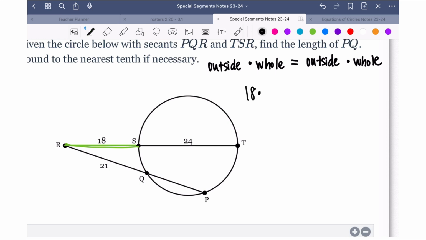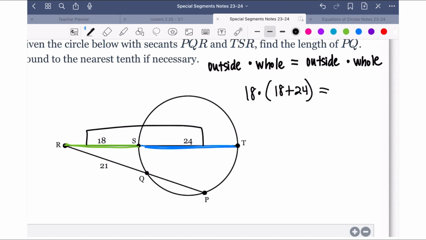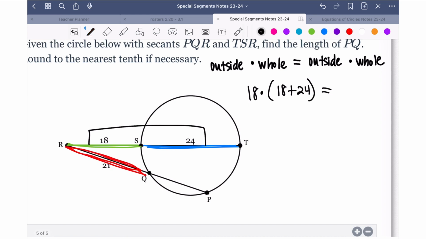18 times the whole section, which is 18 and 24 together. Together is 18 plus 24. That should equal the outside of this segment, which is 21, times the whole thing.